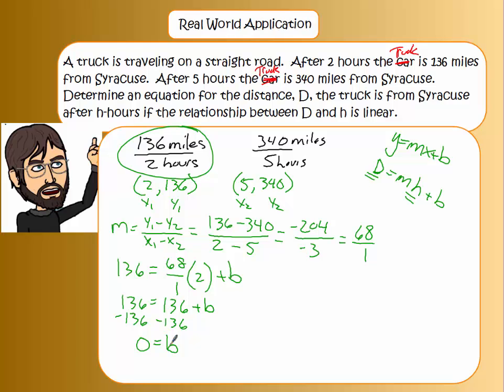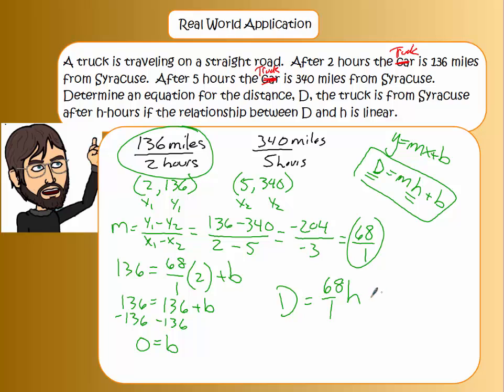Okay? So now I know that the y-intercept is 0, and I can go back and put this into the y equals mx plus b, or this d equals mh plus b form. So what do we have here? We have the distance is equal to the slope, 68 over 1, times the amount of hours, so times h.